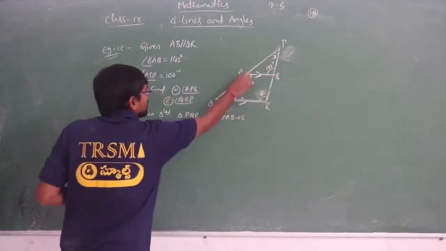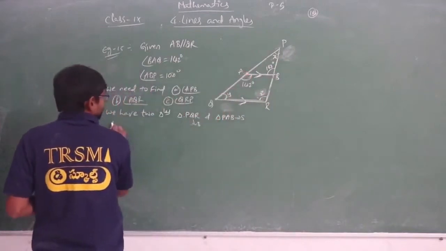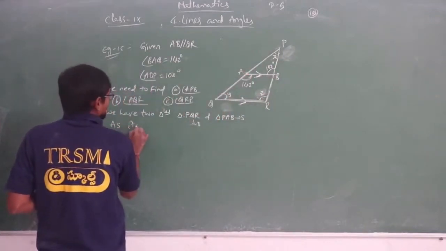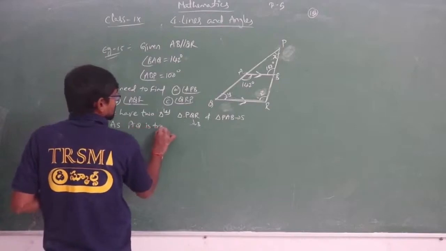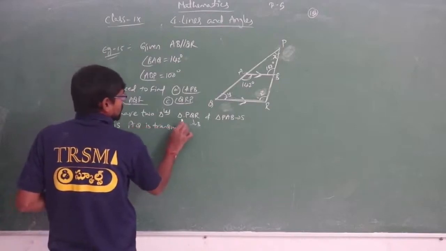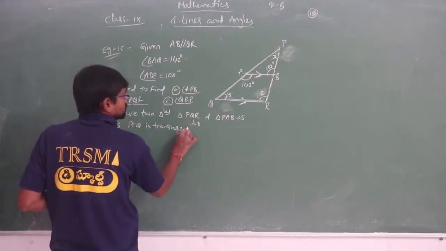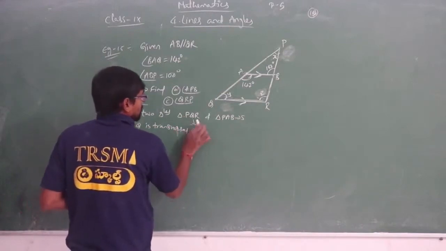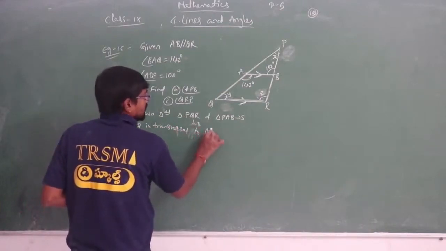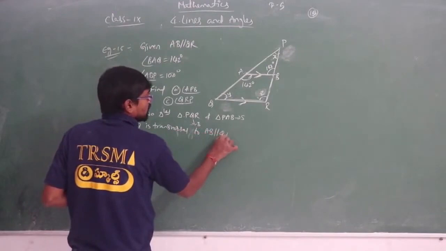Now, first I am taking AQ as a transversal to AB parallel to QR.